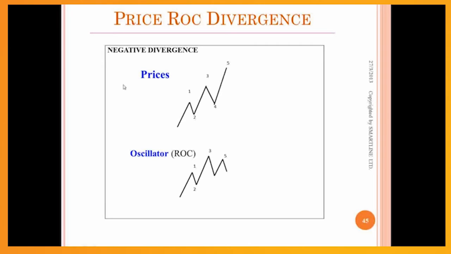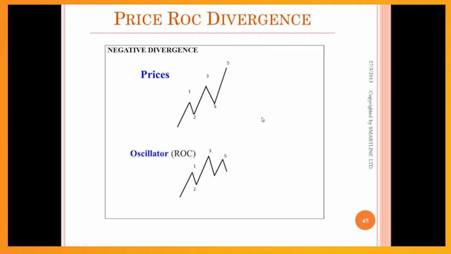The negative divergence is when the prices are still going higher and the oscillator fails to go higher and continue this uptrend. It clearly shows that we go higher without strength, without power.